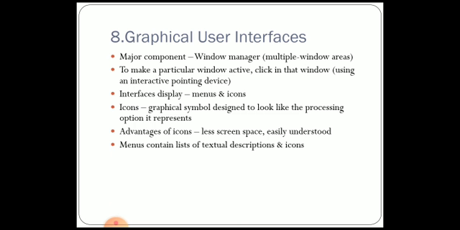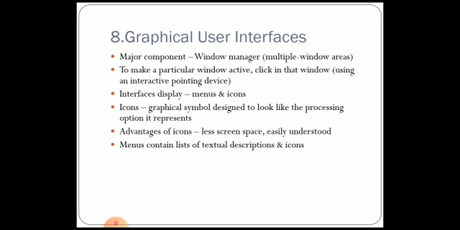Then the next one, to make a particular window active, click in that window. For example, most of the systems are now multi-window environments. You can open multiple windows. When you want to process any of the windows, you just click on that window and it gets activated, right? The next one is interface devices such as menus and icons.